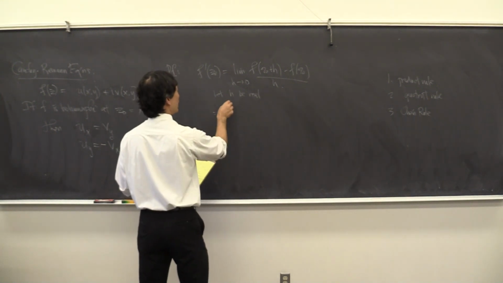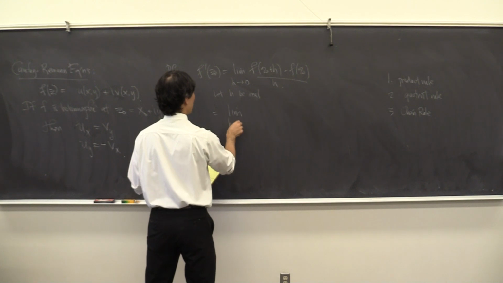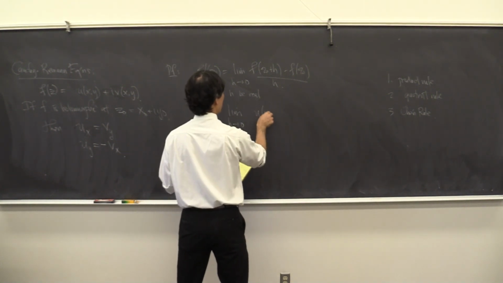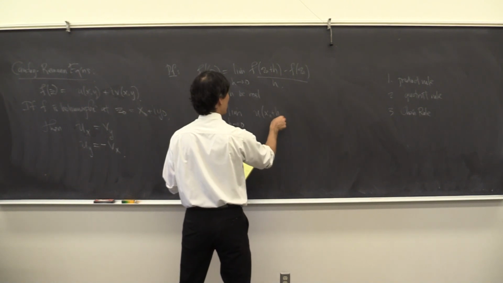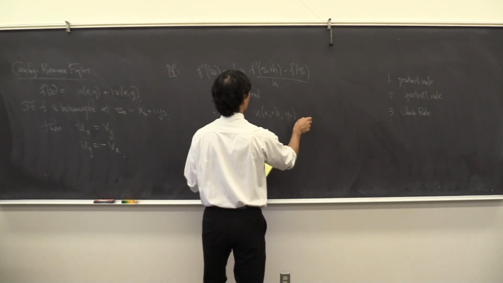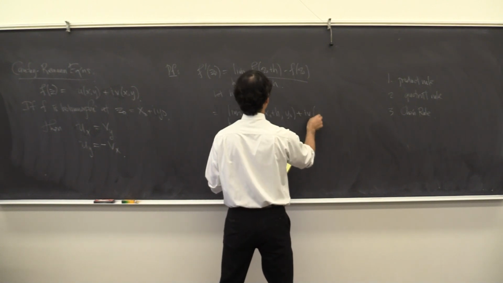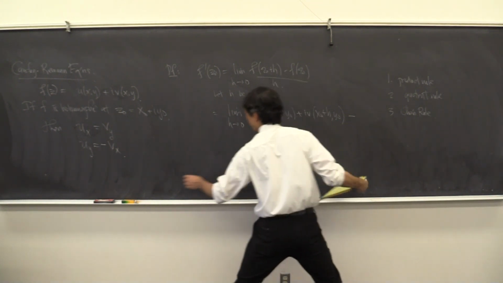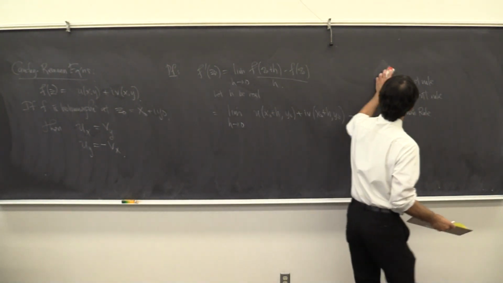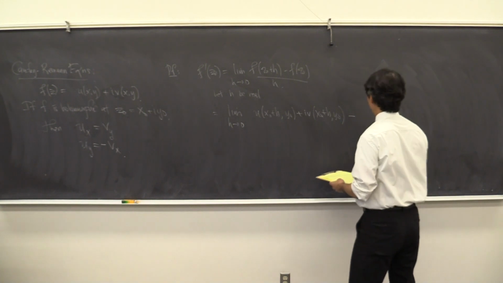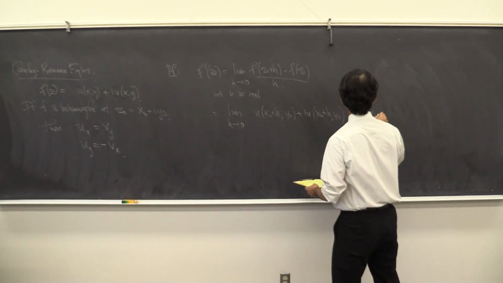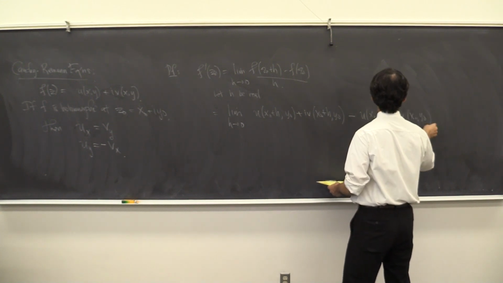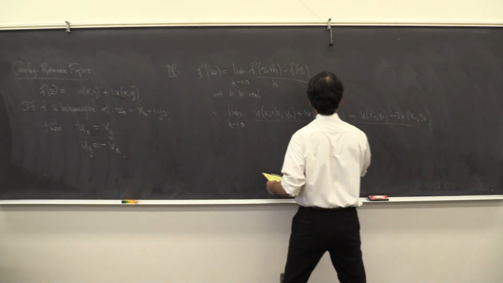So I'm going to write this as u of x naught plus h, y naught plus i v of x naught plus h, y naught minus u of x naught, y naught minus i v of x naught, y naught, everything over h.